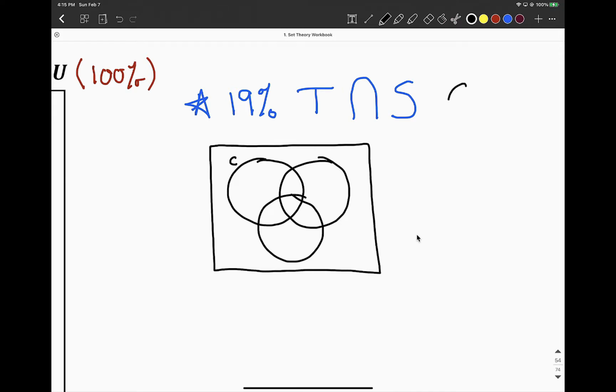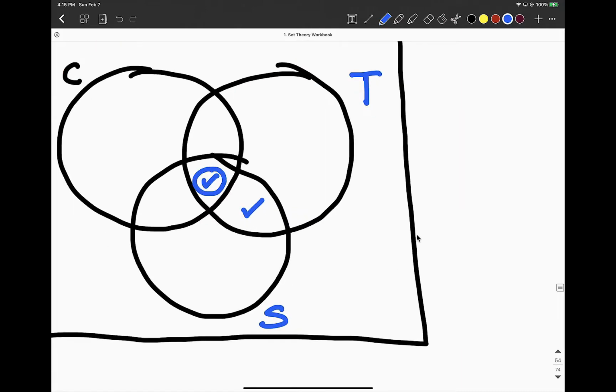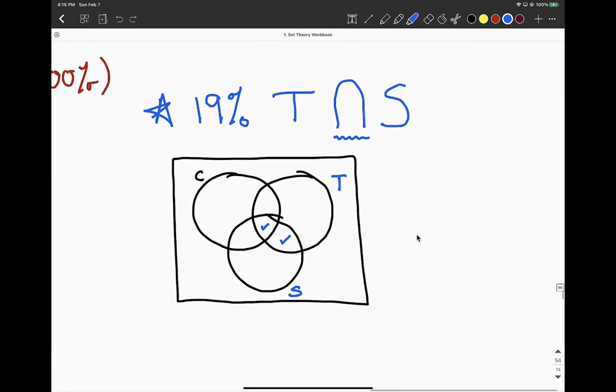It didn't say to get rid of C. It didn't exclude anything. And so I'm really just focused on where T and S intersect. And there are those regions. One of the regions is definitely where all three intersected, but it's also where social media intersected with texting.